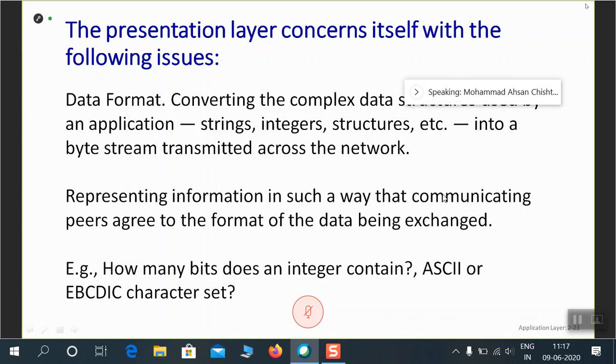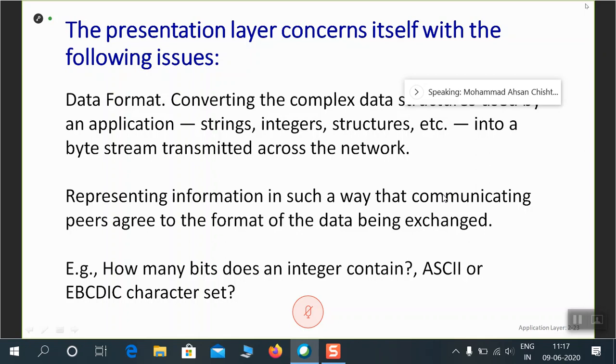For example, they may use a different character set. This is where the presentation layer would help. Its job would be to handle these different data structures and data sets and create a certain abstraction. What abstraction would that be? It would hide these differences between the machines.